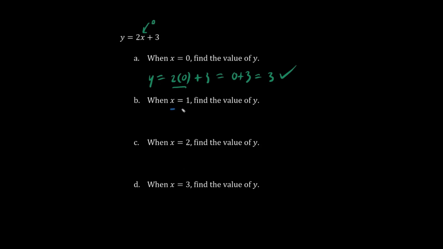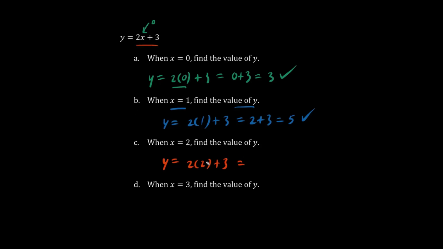When x equals 1, find the value of y. y equals 2 times x, which happens to be 1, plus 3. Then we know that y is 2 times 1, which is 2, plus 3, which is 5. When x is 2, y equals 2 times x, which is 2, plus 3, from this equation above.